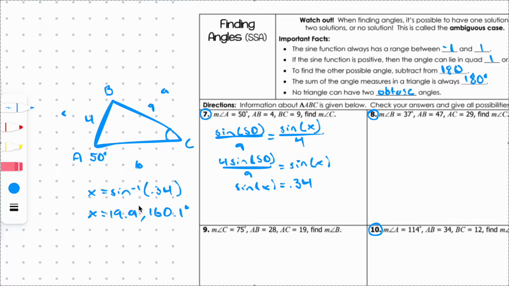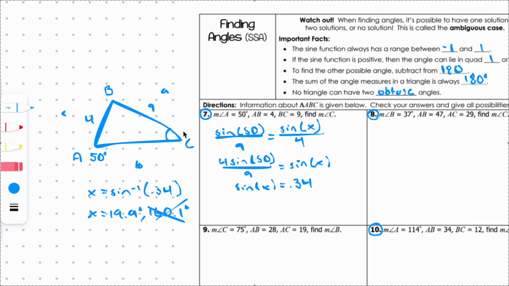So for example, when we plug in 19.9 for angle C, that works because we have 19.9 plus 50 plus whatever angle B is that can sum to 180. Whereas if we plug in 160.1 for angle C, 160.1 plus 50, now we're already at 210.1. 210.1 degrees is obviously greater than 180 degrees, and so this would not be a plausible answer.